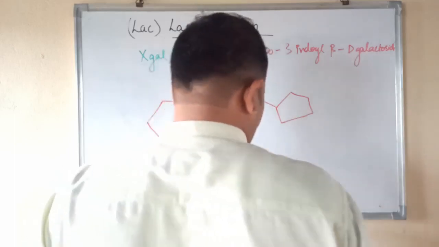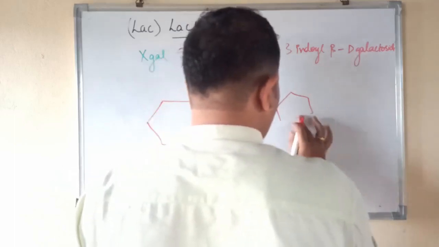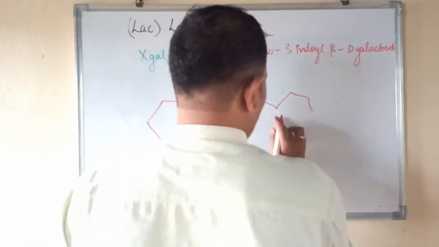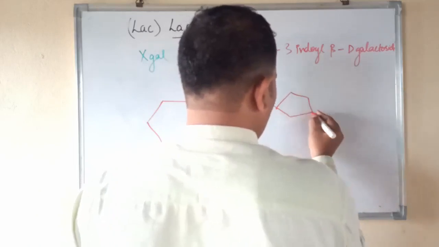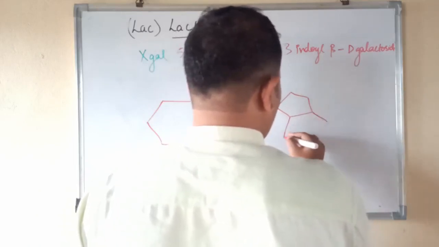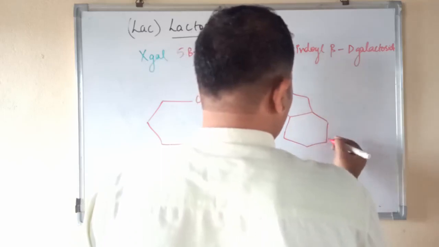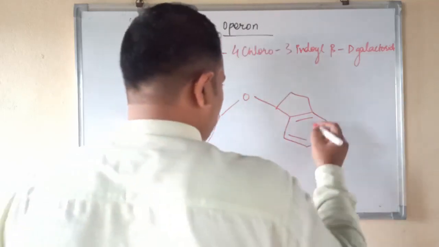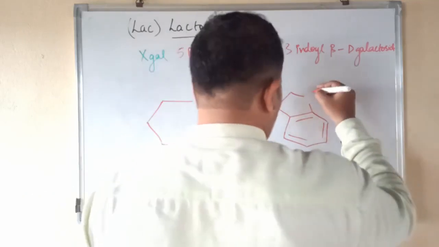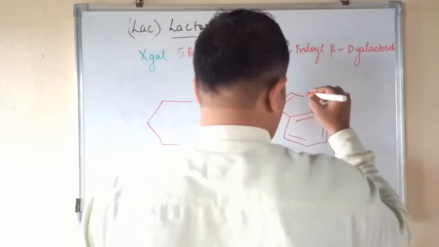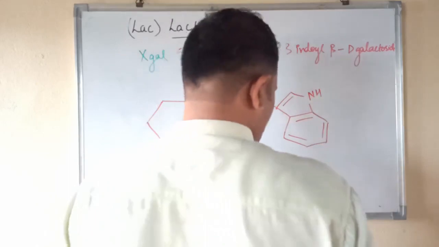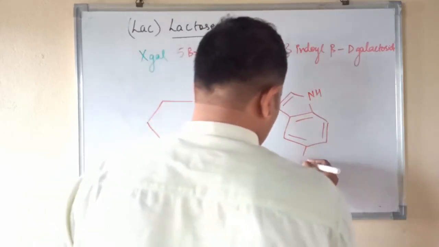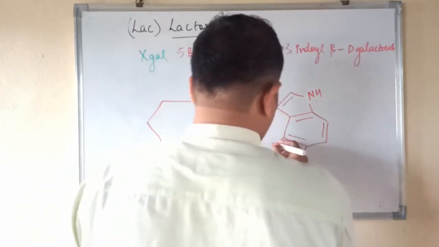There is a pentameric ring, and to this pentameric ring there is an attachment of a hexameric ring, like this. Okay, so there is a presence of NH at this position, and there is a presence of Br here and a Cl group here.